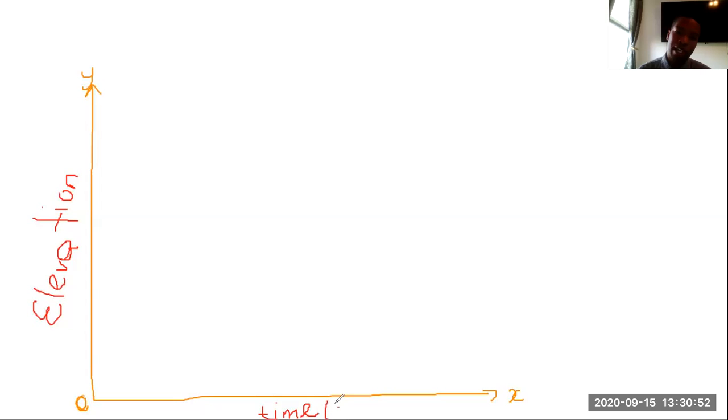The time was in seconds, so I'm going to put seconds, S for seconds. That's the quantity. For the elevation, I'm going to say feet.